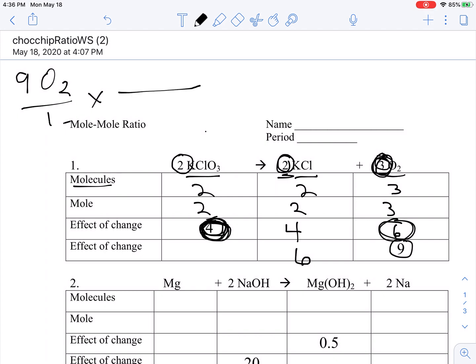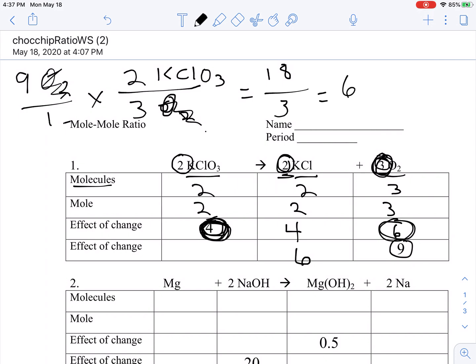And again, the oxygen is on the bottom here because we start out with oxygen and we want to cancel that out. It is a 3 to 2, and we're going to potassium chlorate here. Oxygen cancels out. Do the math. Top times top is 9 times 2 is 18. And 1 times 3 is 3. And we get 18 divided by 3 is 6.